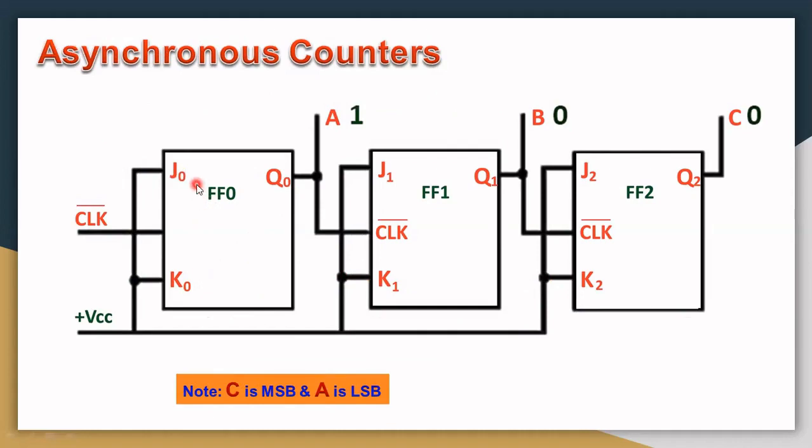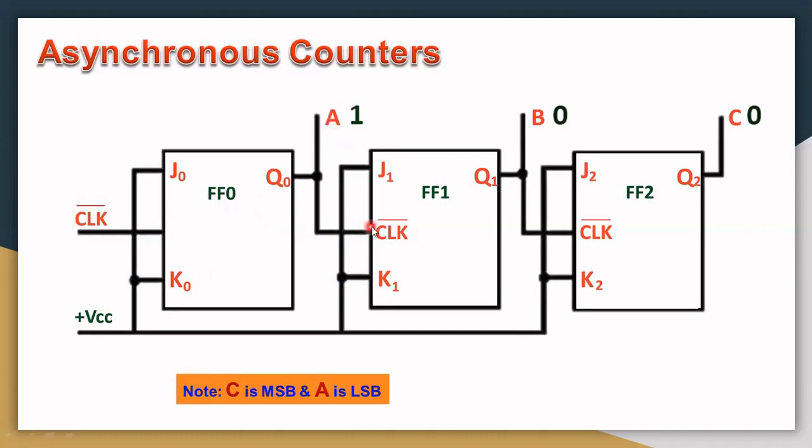So, in this type of counter, we are keeping J equal to K equal to 1. Therefore, whenever a negative pulse is given to this flip-flop as clock, it will invert its state. Therefore, during the first clock pulse, it changed its state from 0 to 1.